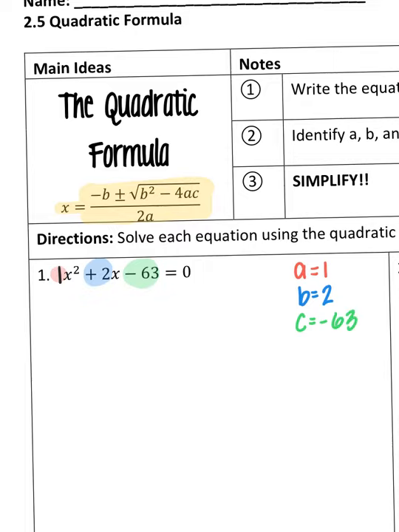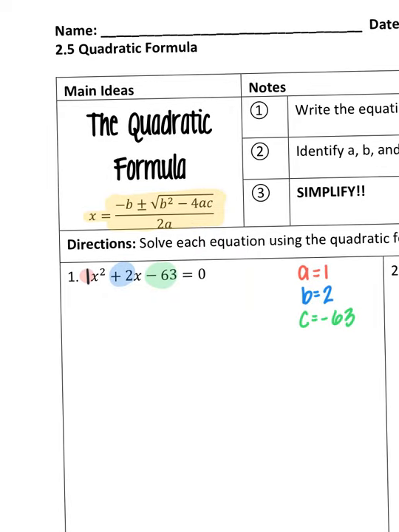Okay? So now all I'm going to do is plug my information into my formula. So I have x equals the opposite of b, which is 2, and I use parentheses, (-2), plus or minus the square root of 2 squared minus 4 times a, which is 1, times c, which is negative 63.